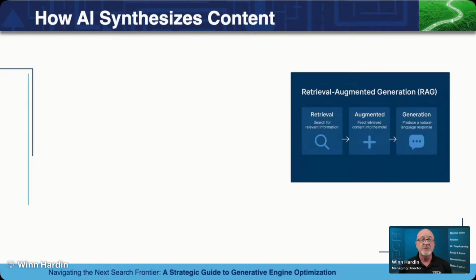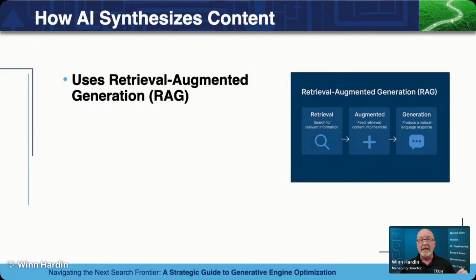Okay, now let's get into how AI synthesizes content. LLMs like ChatGPT don't rely on memory alone, which is your traditional algorithm approach, right? Scan the web, maybe I get to your website every couple of months and I'm taking that information. AI synthesizes content using a retrieval augmented generation system, which is essentially a two-step process.